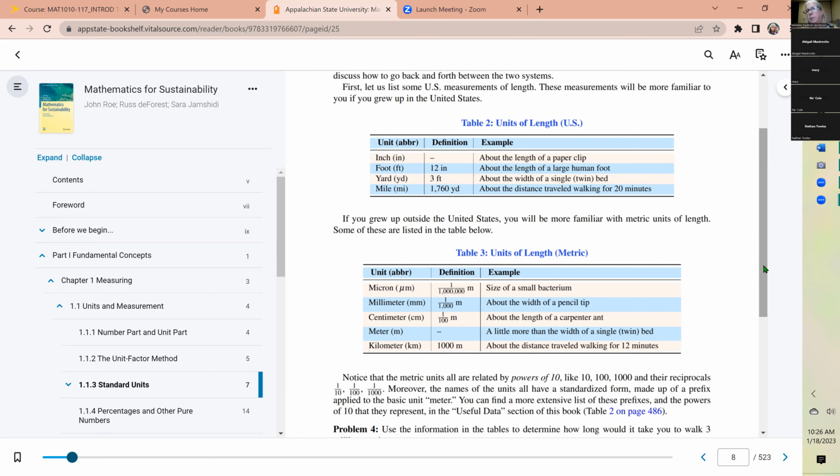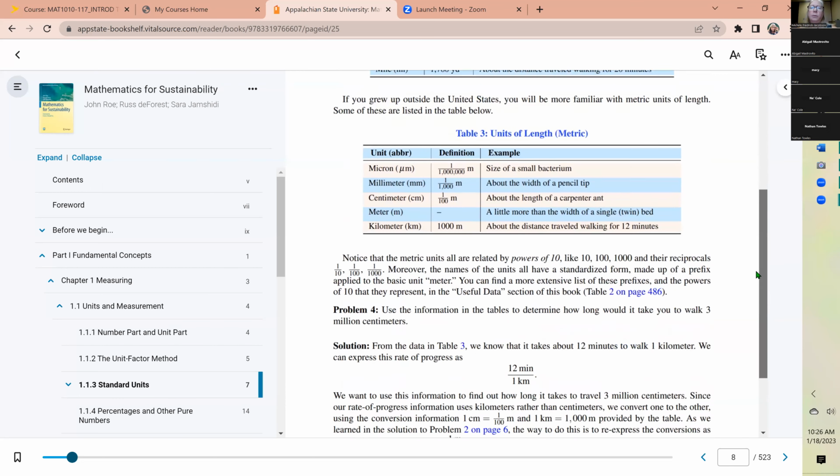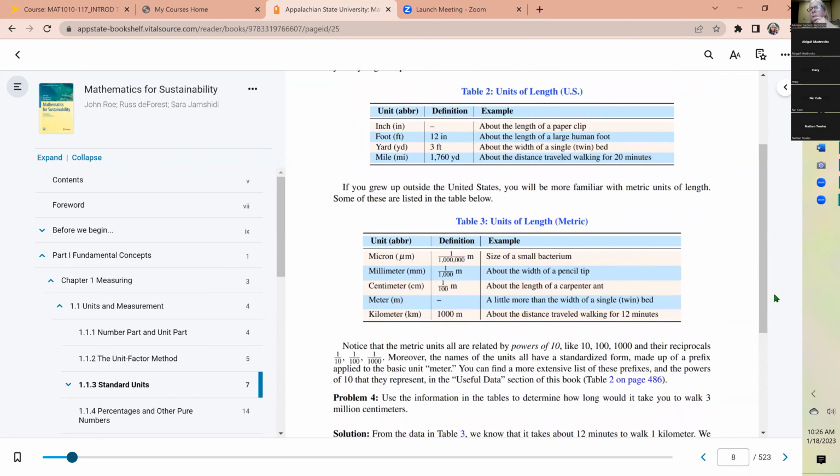Another one you should know, although it's not on here, terabyte and gigabytes are used in computers, so it's stuff that you should know. And they might be in a different part. So those are those 3 tables.